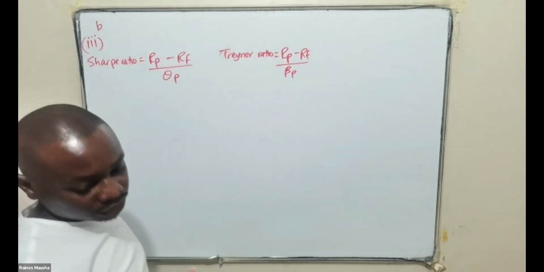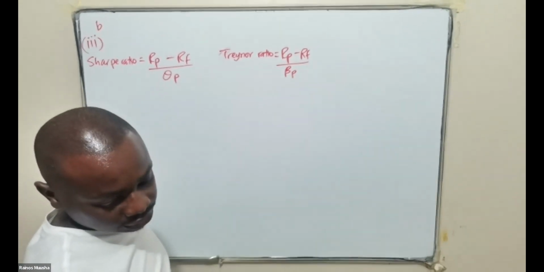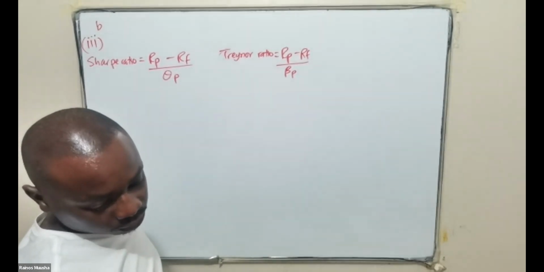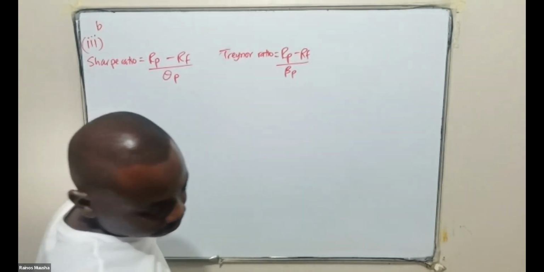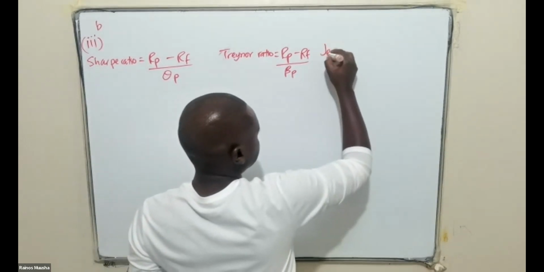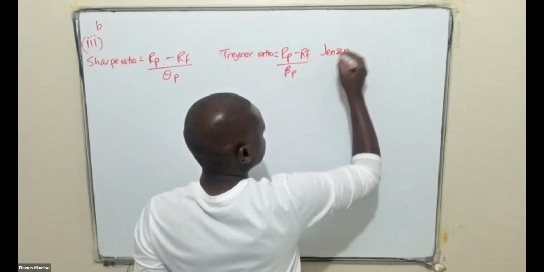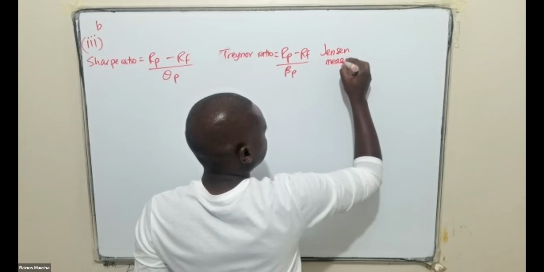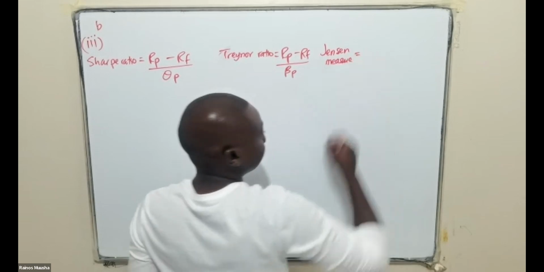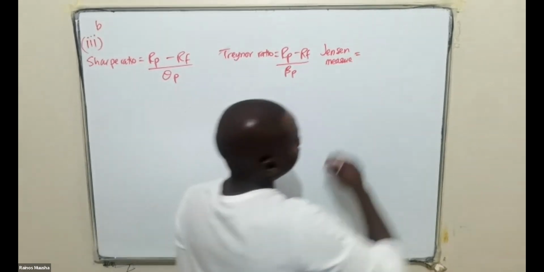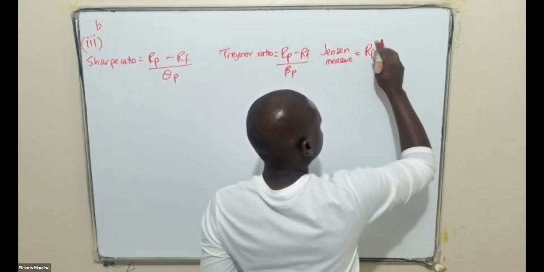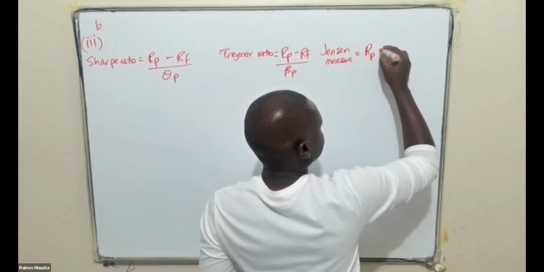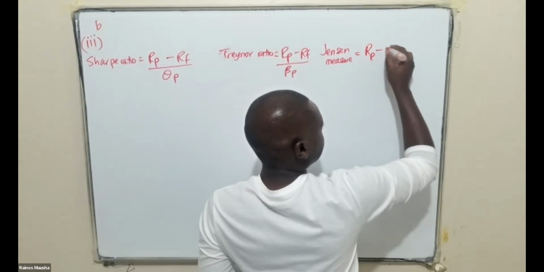Then the next one is the Jensen measure. The Jensen measure is given as the return of the portfolio minus the capital asset pricing model.